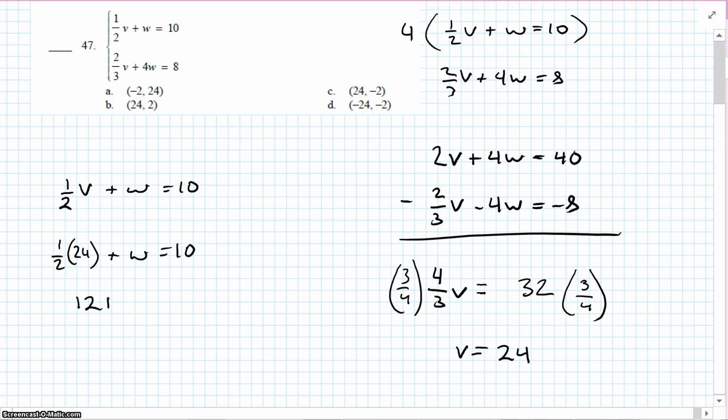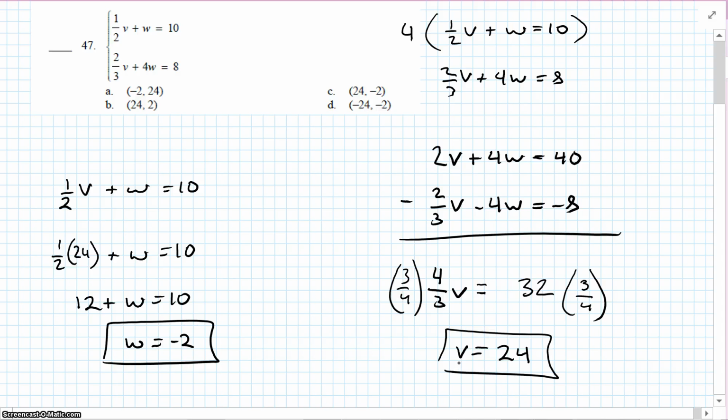So it's going to be 12 plus w equals 10. W equals negative 2. So v is 24 and w is negative 2. So the answer would be C.